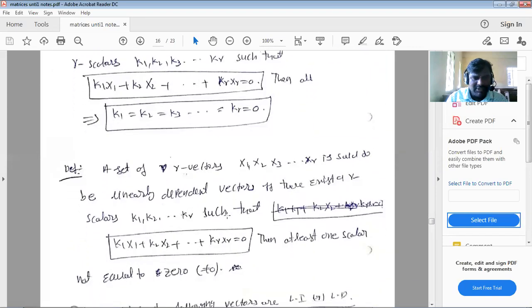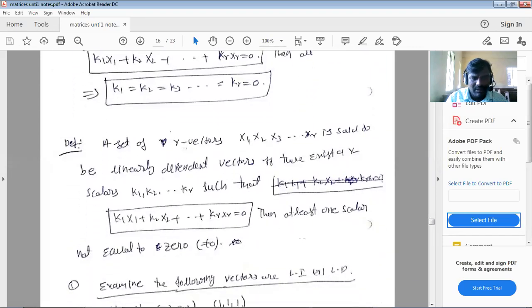If the linear combination is equal to 0 and there exists at least one non-zero constant, then the given vectors are called linear dependent vectors. In this case, you are writing one vector as a combination of the other two vectors.